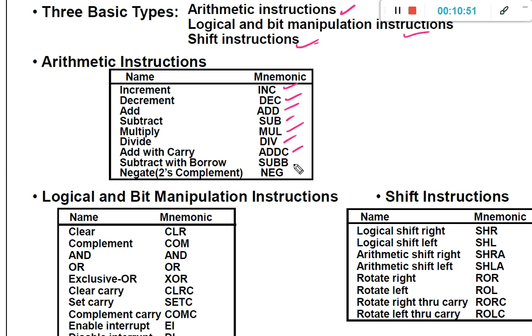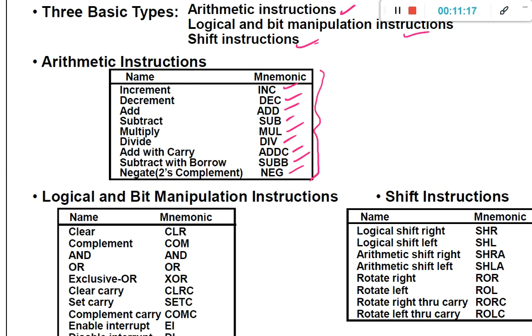Subtract with borrow is going to perform the subtract operation with the borrow value. We need one additional bit for add with carry as well as subtract with borrow. And then negate, we already know the 2's complement implementation, NEG. So these are all the arithmetic instructions that are available in a basic processor.